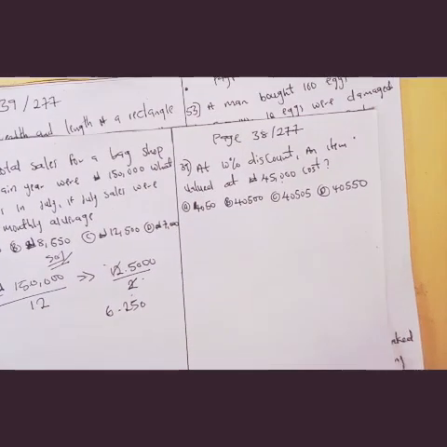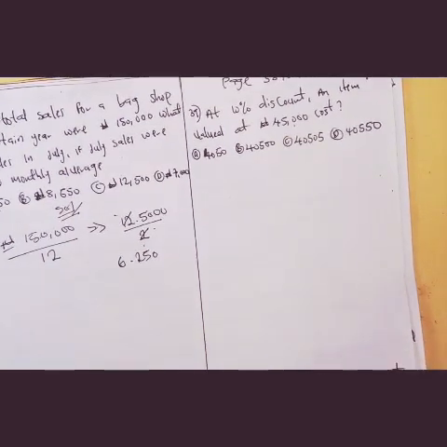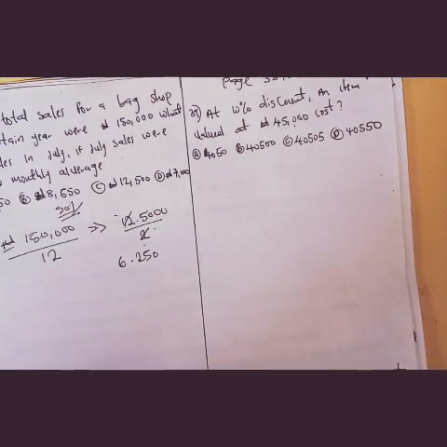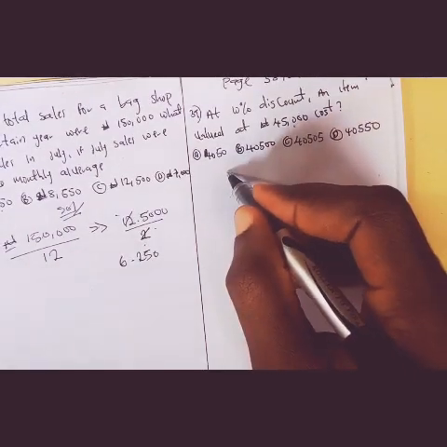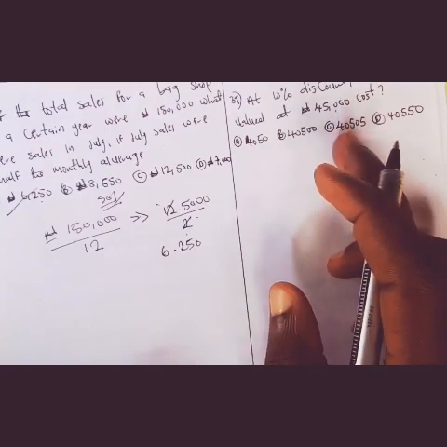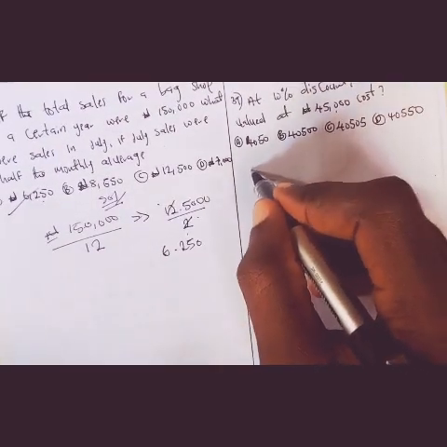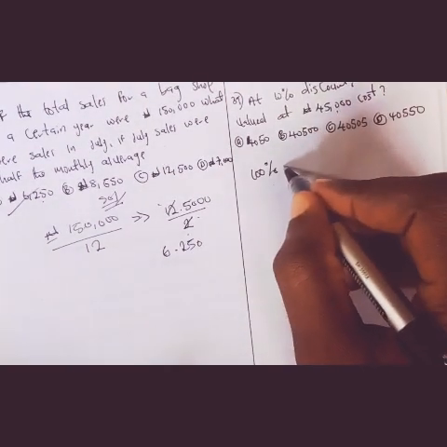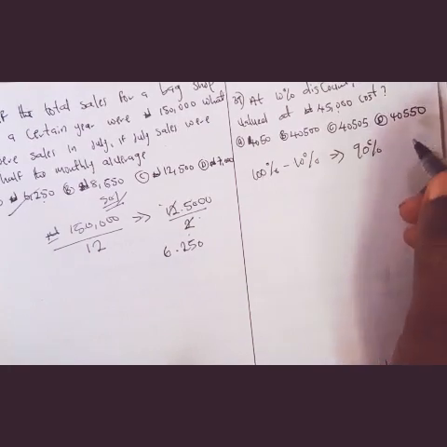So here I have page 38 of 277. It says, at 10% discount, an item valued at 45,000, then we should find the cost. Discount is the reduction in price of a particular good, so out of the actual price, it should be over 100%. 10% was taken off, so the goods is being sold at 90%.